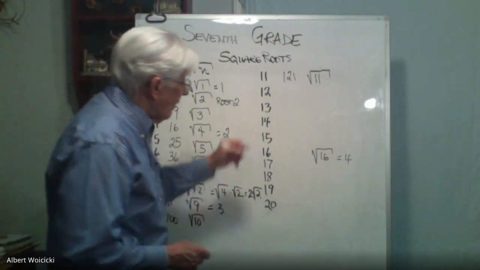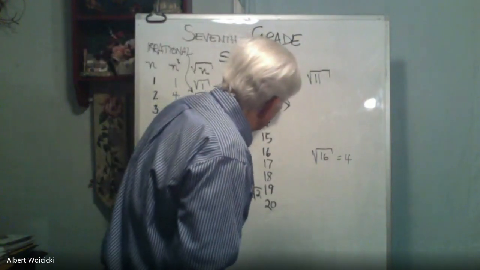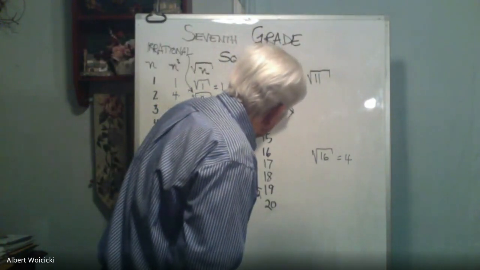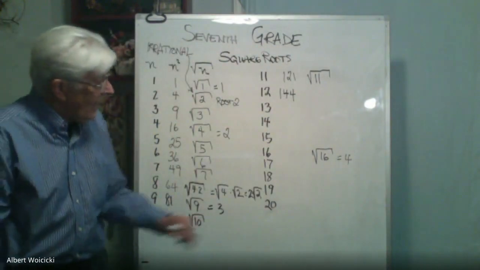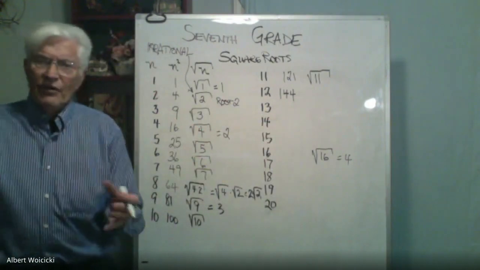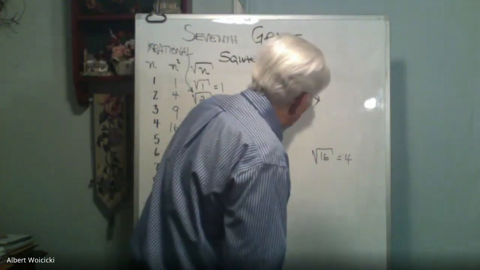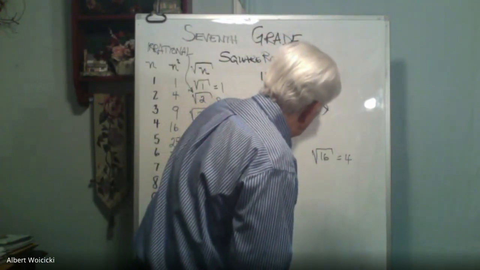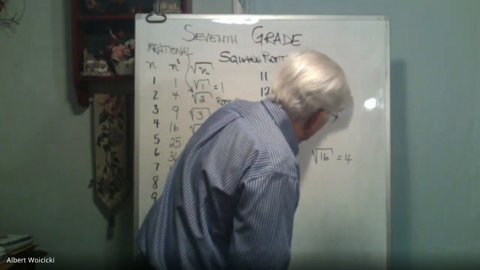So now, what about 12? 12 squared, of course, is the old 144, and of course, that's a gross, a gross number. So we got the square root of 12. But are there any factors of 12?